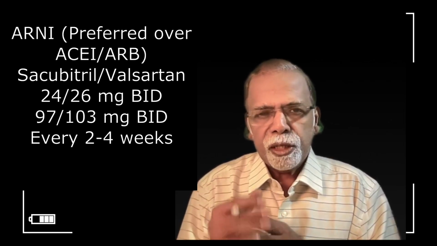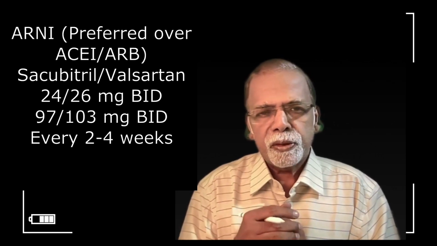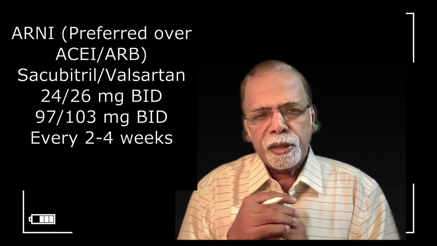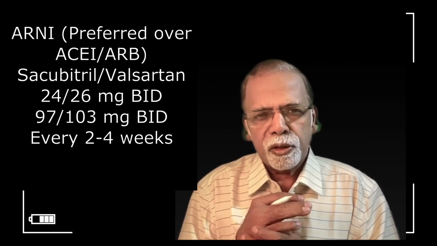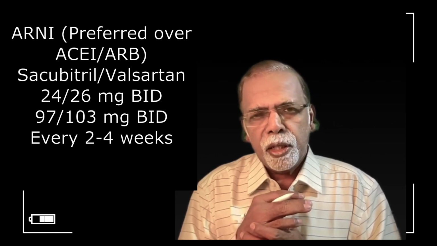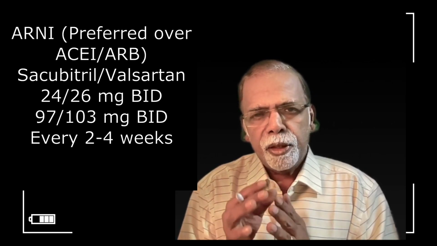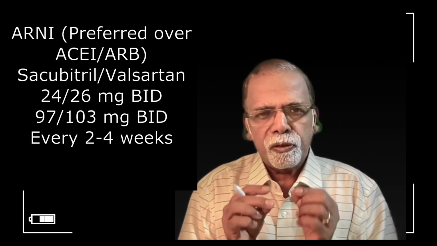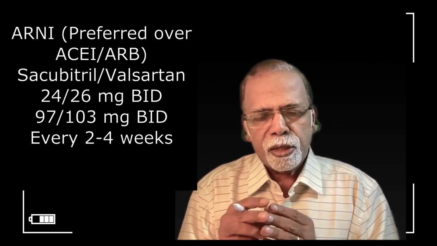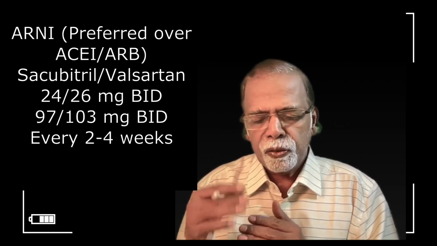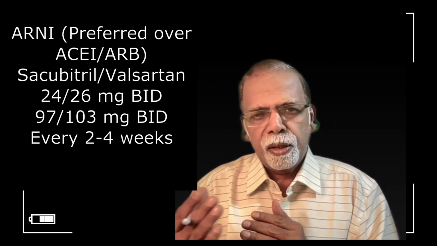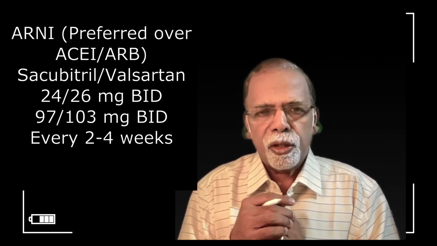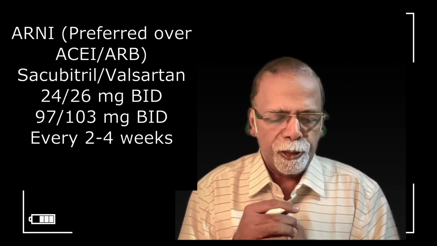Every 2 to 4 weeks, you increase the dose so that you can achieve the target of 97/103, that is a 200 milligram tablet twice daily. So the starting dose is 50 milligram, that is 24/26 twice daily, step up every 2 to 4 weeks, such a way that you reach the target of 97/103, that is 200 milligram twice daily.